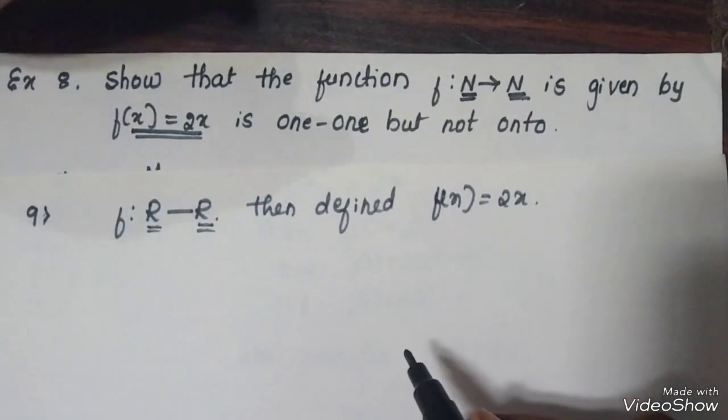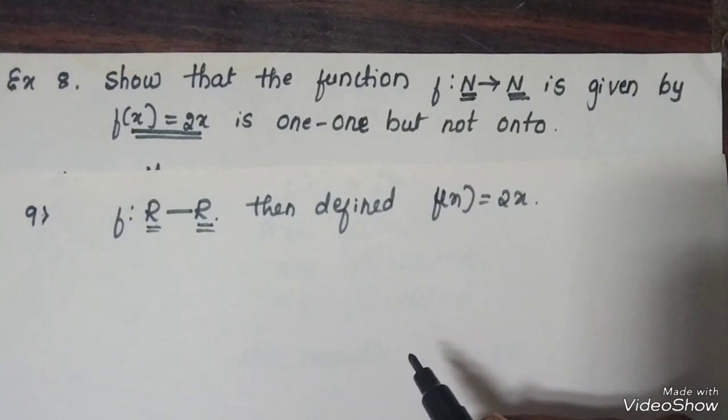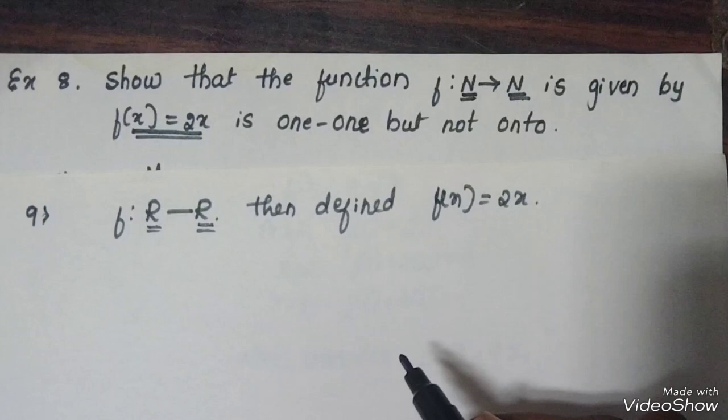What are the real numbers? All the numbers are real numbers except imaginary. Imaginary means the numbers are in the form of i, or expressed as 0 plus i, that is, complex numbers.